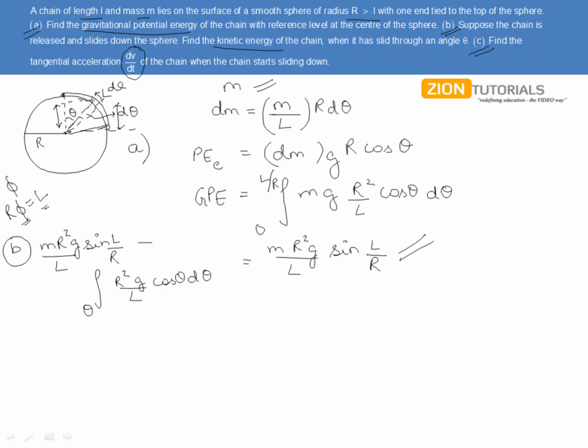So one of the ends will be here at theta, so the limits will be theta to L by r. Solving it, it gives m r square g by L times sine L by r plus sine theta minus sine theta plus L by r.